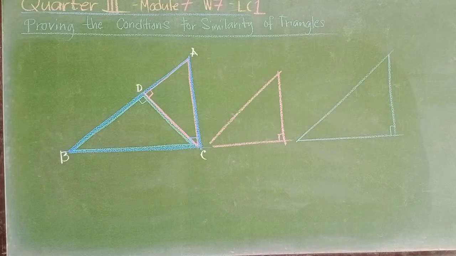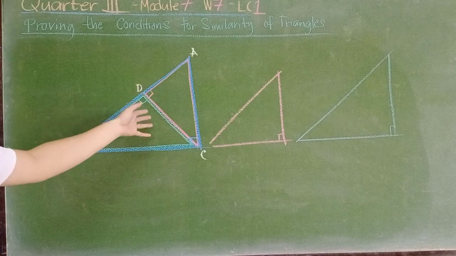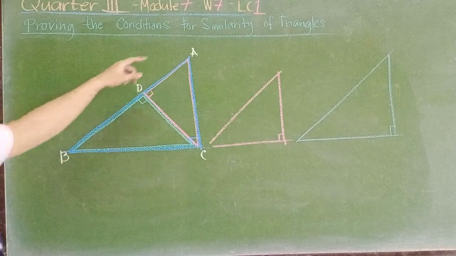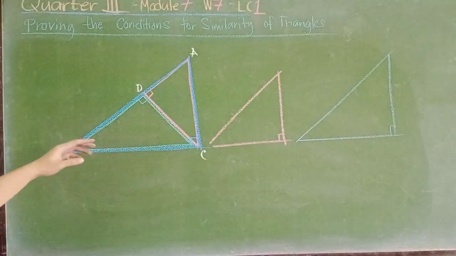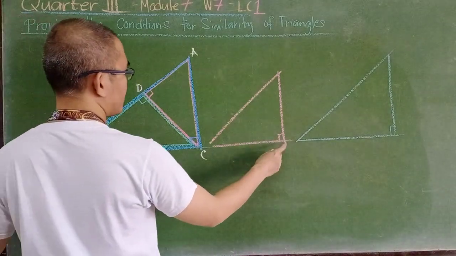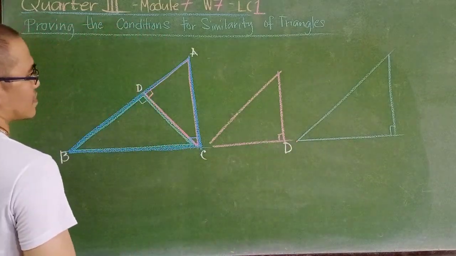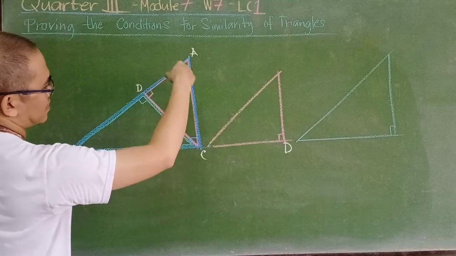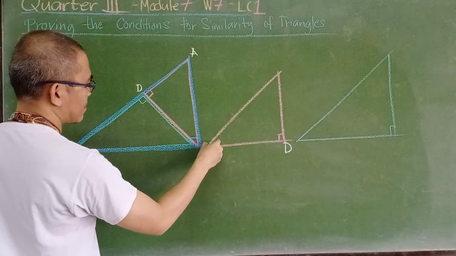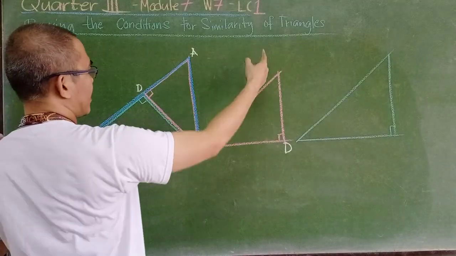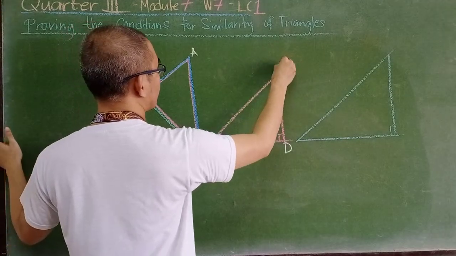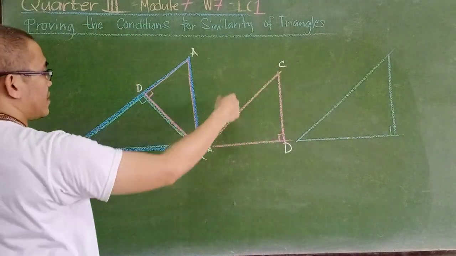So kung i-notate natin yan, kung aayusin natin sila sa position na magkakamukha sila, so you have A, B, and C, and then this will be letter D, this will be letter A, and then yung taas will be yung letter C. Or pwede ding magkabaliktad yung dalawa.